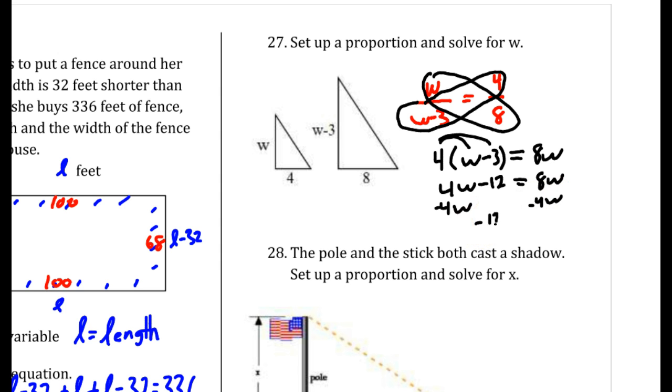So we got negative 12 equals 4w. Divide both sides by 4, and we'll have w equal to negative 3. There we go.